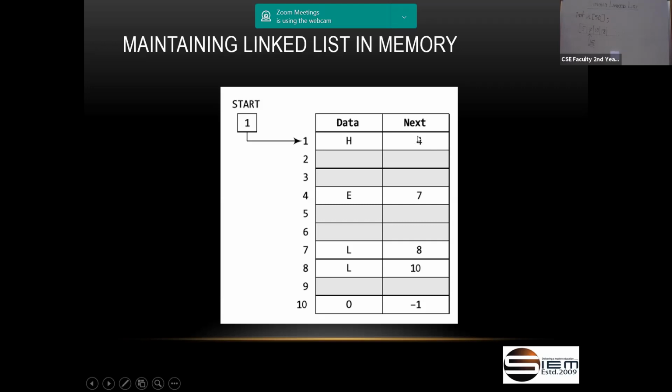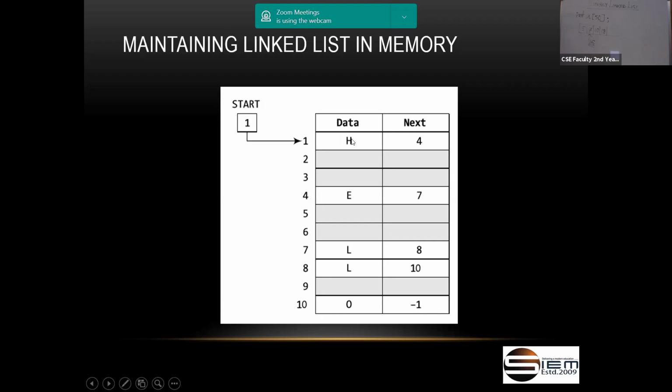The next data at address 4 is E. Then address 7, where we get L. Next 8, where again we get L. Then 10, where we get O. Finally, in the next part, we get -1, that is null.